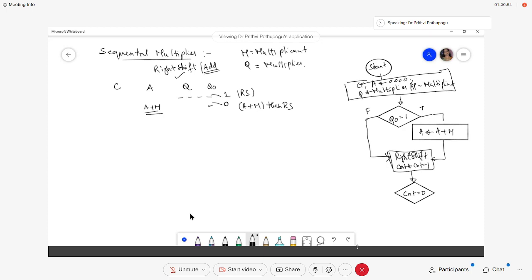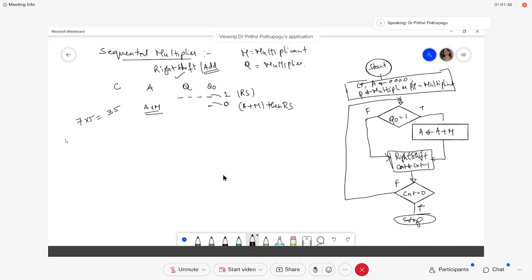So this is the simplest multiplication procedure. Let us take one example: 7 into 5. The result should be 35.